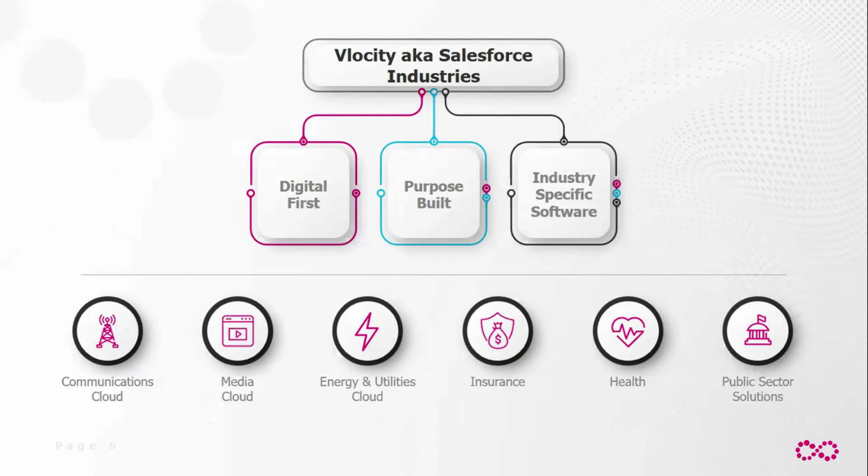And Vlocity is digital-first, purpose-built, industry-specific applications. And pretty much these are the verticals that they work with. So fairly popular set of applications for clients in these industries are running big parts of their business using these applications.